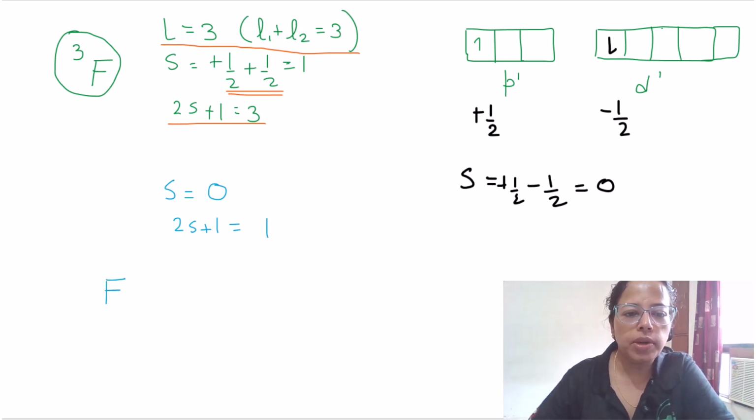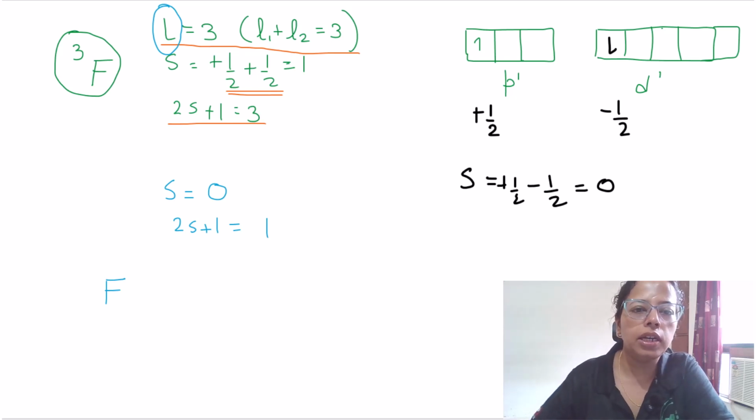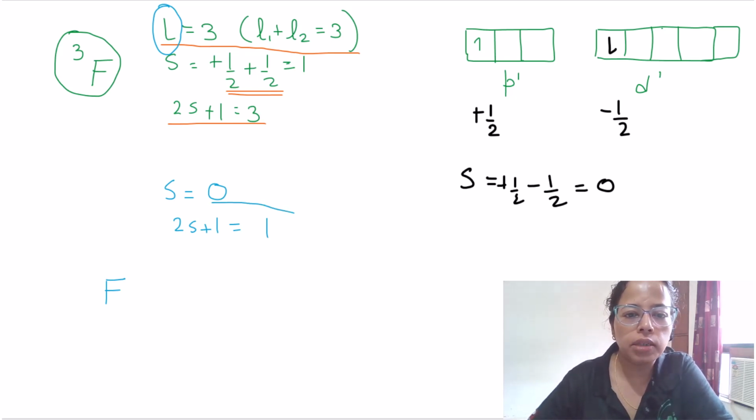The base term remains the same because the capital L value, the orbital angular momentum, is the same for P1 and D1. Only the individual spin value can change.